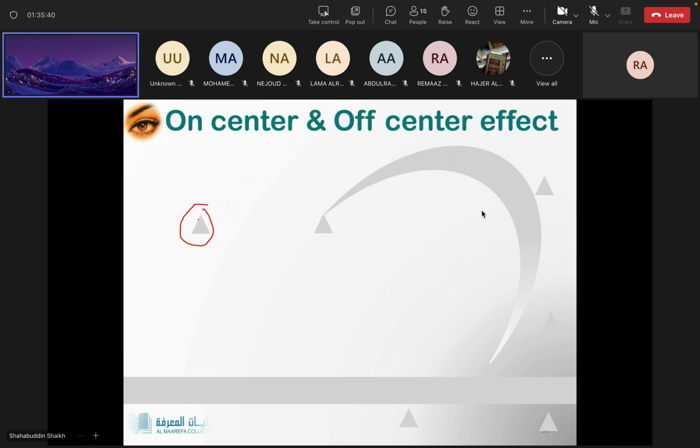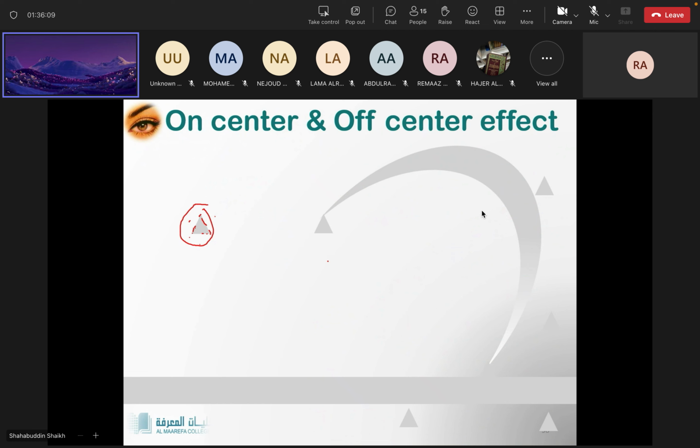You can see the margins of this triangle because you are identifying the margins. How do you identify the borders or margin? You compare with the surrounding. If you make the surrounding the same as the object, you will not be able to compare, and you will not see the margin. So to identify the margin, use this.